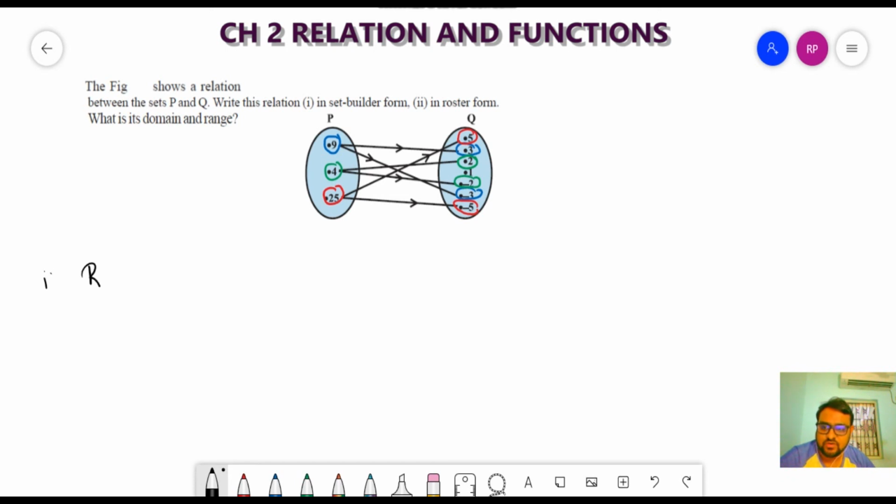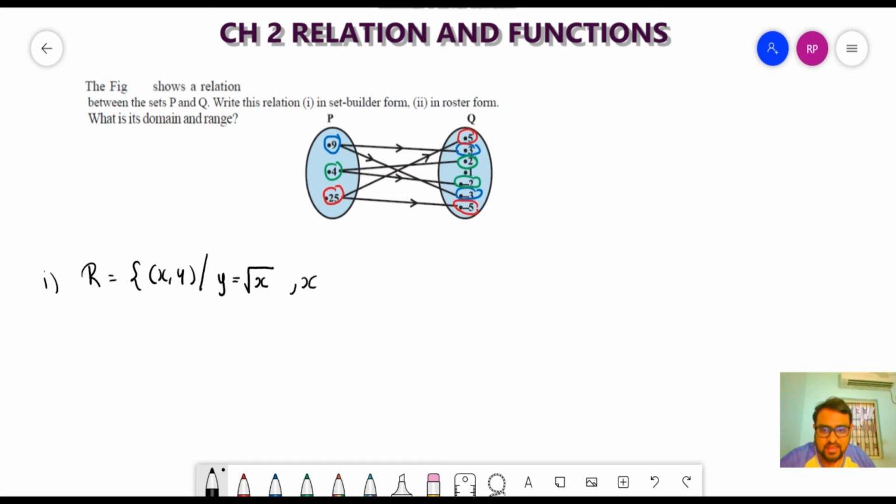So see how I can form it in set builder form. The first one, R equal to the ordered pair (x, y) such that y is equal to x square, right? Sorry, my mistake, it's not y equal to x square, it is x equal to y square, or y is equal to square root of x, right?